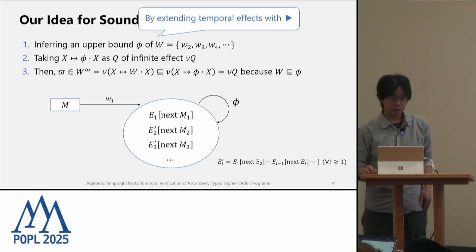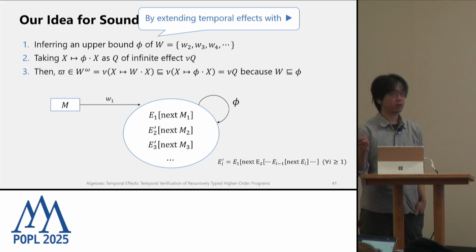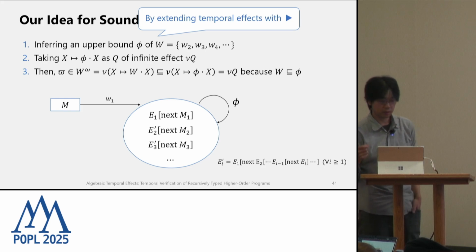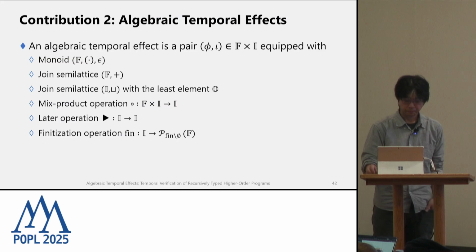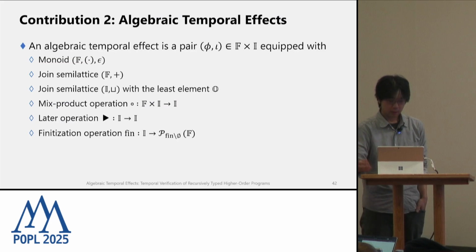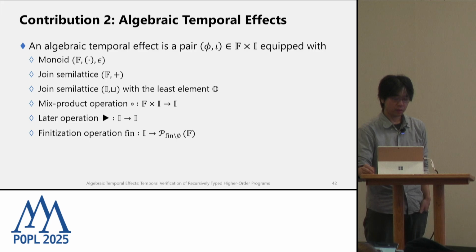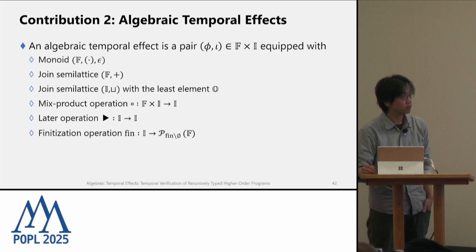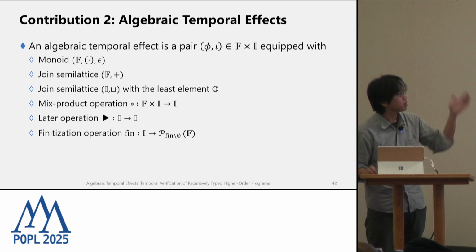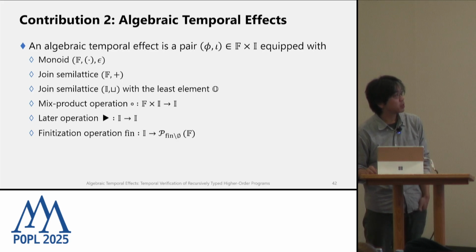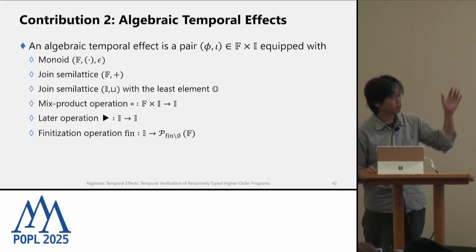And the remaining problem is how we can infer the upper bound of the finite traces. For that, we introduced some temporal effect forms augmented with some special operations. And this is the algebraic formulation of our temporal effect.